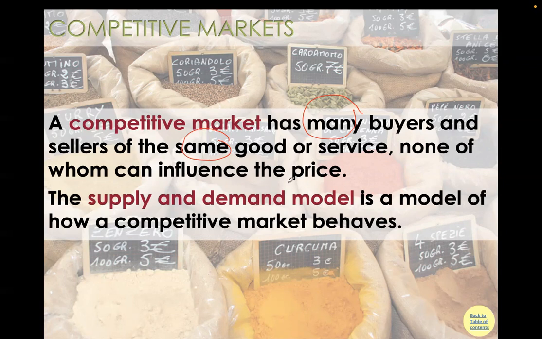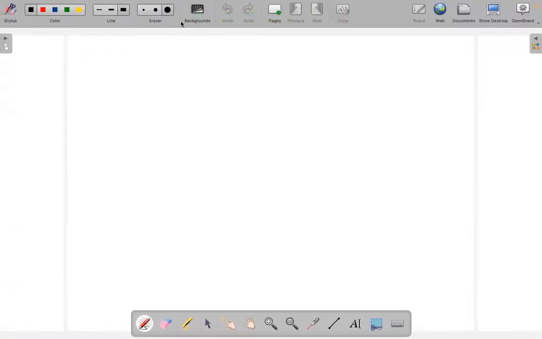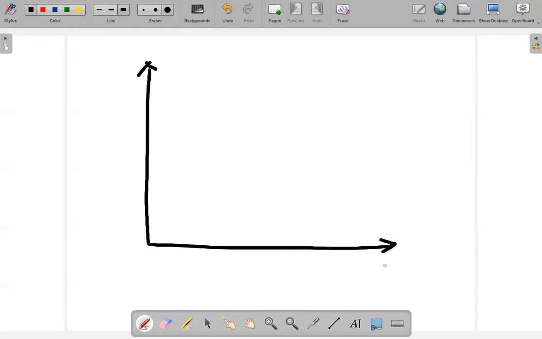To help you understand, I'm going to draw a diagram. Maybe I'll use this one, it's probably easier to see. On the horizontal line, I have the number of buyers, and on the vertical line, I have the number of sellers.